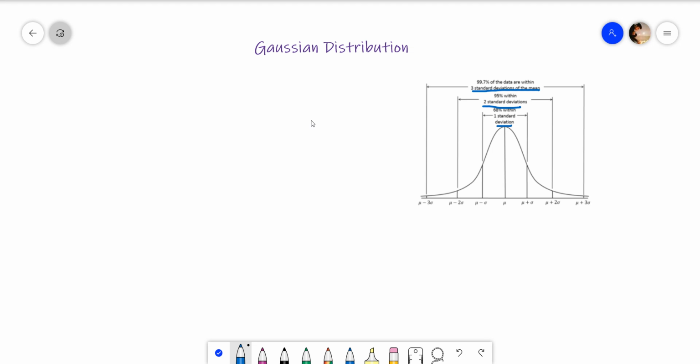Suppose we have some data, and we are considering that our data is a Gaussian distribution at this value. After that we have to plot our bell curve with the help of this plot.